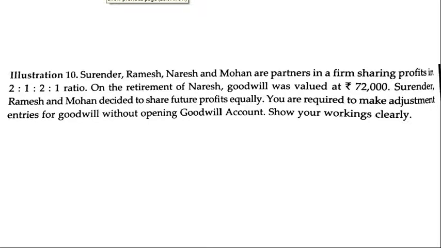Surinder, Ramesh and Mohan decided to share the future profits equally. You are required to make adjustment entries for goodwill without opening the goodwill account. Without opening goodwill account means you have to make the adjustment through the partners' capital accounts. Show your workings clearly. Now, let's write down.